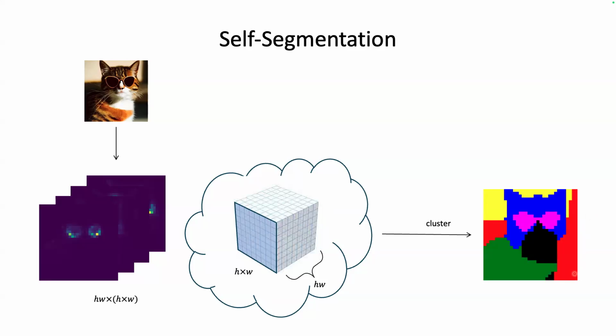One problem with this mechanism is that, for example, here we applied k-means, so we need to know somehow in advance how many segments we want. And as you can see, we get several segments for this cat.